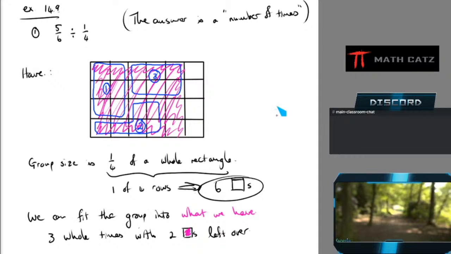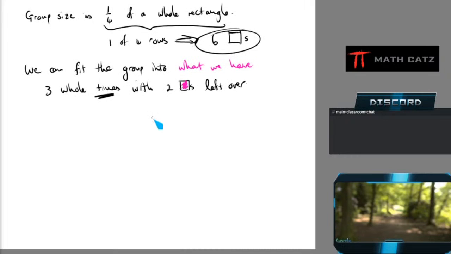So because the instruction is different when it comes to division, intuitively, the answer, I don't want to say the units of the answer, but in a way, the unit of the answer and the unit of what I started with, they're not the same. I was doing something completely different. So here, it's a number of times that I'm trying to represent in fraction form. Yeah, not confusing at all, right?